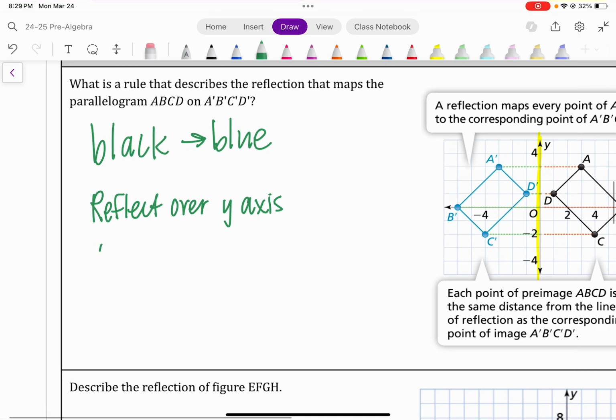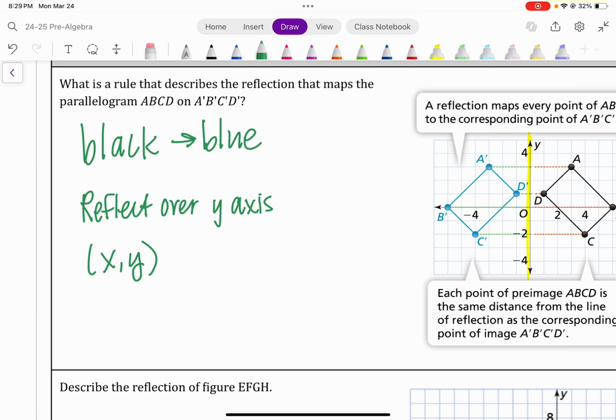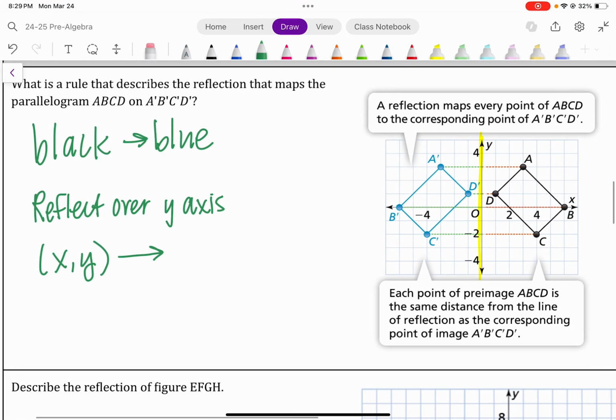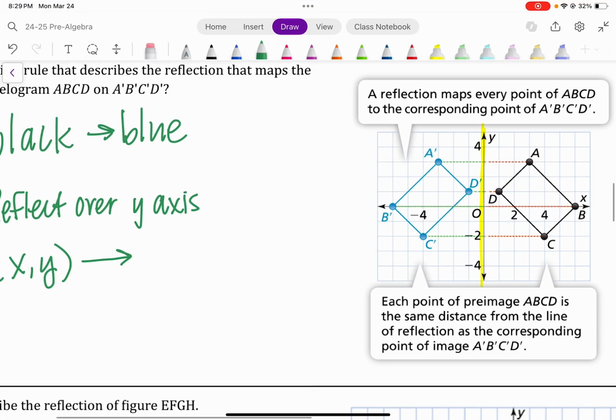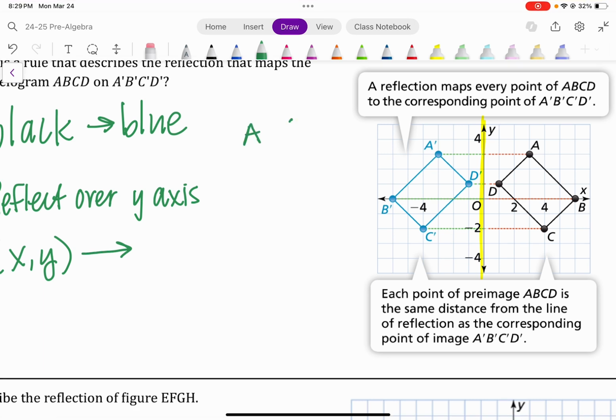And what that does to my x, y, let's see, I can see that A has a value in the original one. A is at 3, 3.